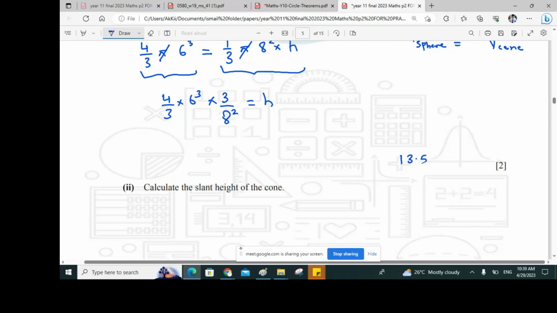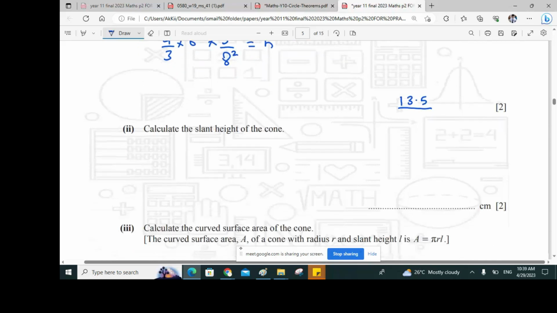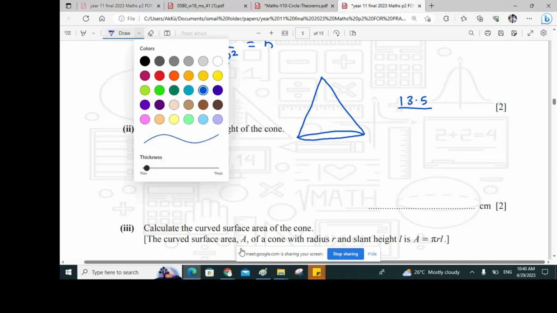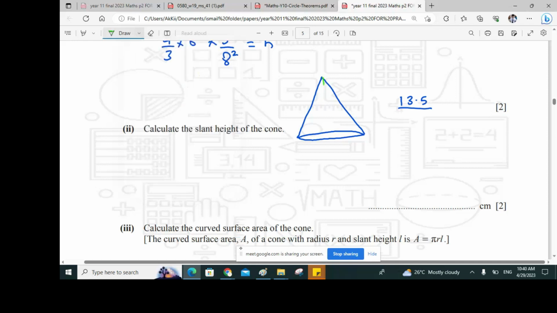Right. Okay. Now it is also asking me to calculate the slant height of the cone. Now if I make this cone again, you can simply see, this is the height of the cone starting from the center of the base, and this is the slant height which is being asked in this question.